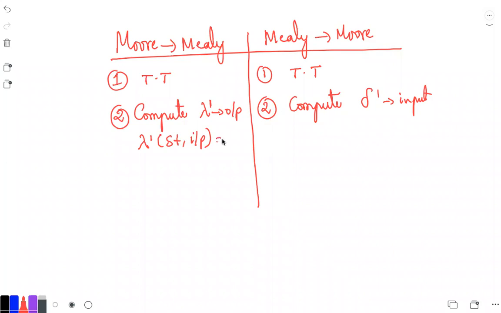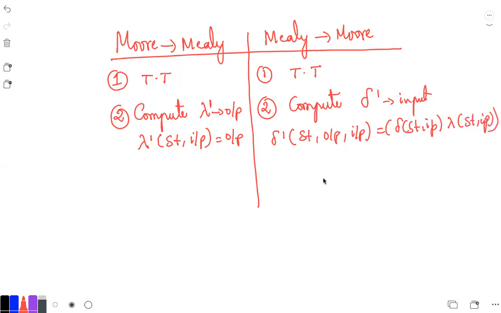For a state on input, what is the output? This is the modified output function. For the modified input function, it is delta dash of state comma output comma input combination. It is the transition of the same state on input, and lambda of the state on input. This is the syntax you should remember.